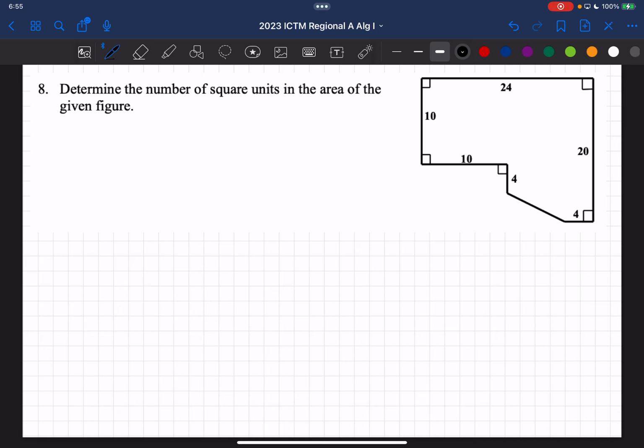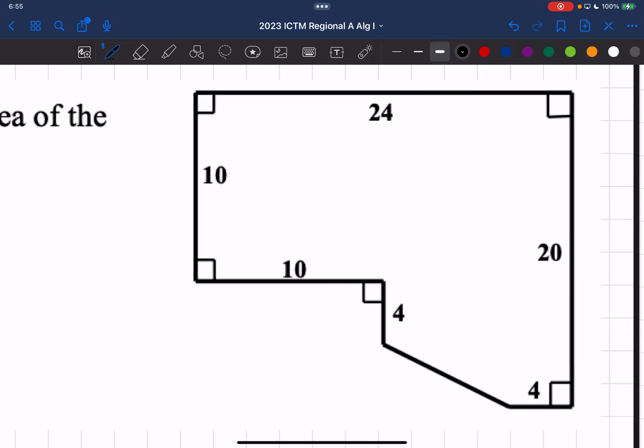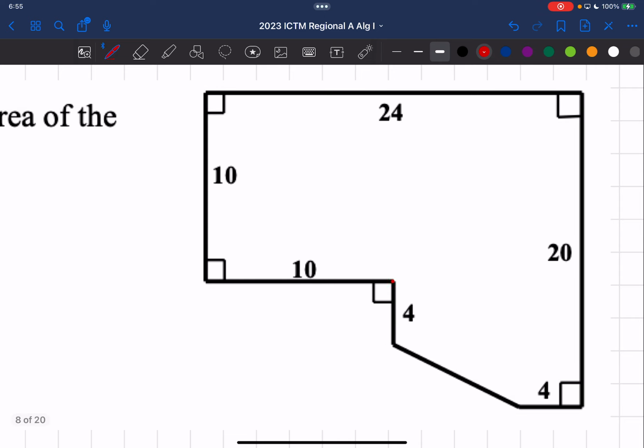Number 8, determine the number of square units in the area of this given figure. All right, let me blow this up a little bit. Now what we want to do to make this a little easier on ourselves is to break this into smaller bits. Now, this right here is 10, which means so is this. This from here to here is 10.